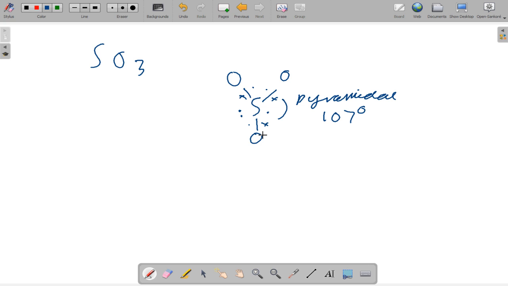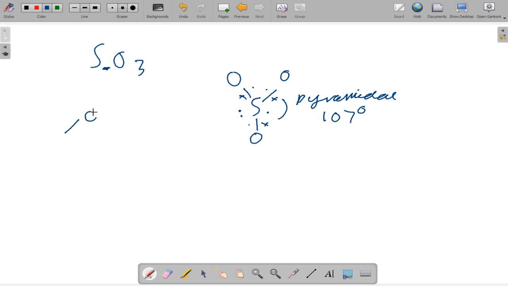So, the way to tackle any bond angles is to draw a dot and cross diagram using the periodic table. We find out how many outer shell electrons the bonding atom has, i.e. the atom with no subscript here, and then draw it out like that. It's also very useful to learn the different shapes.